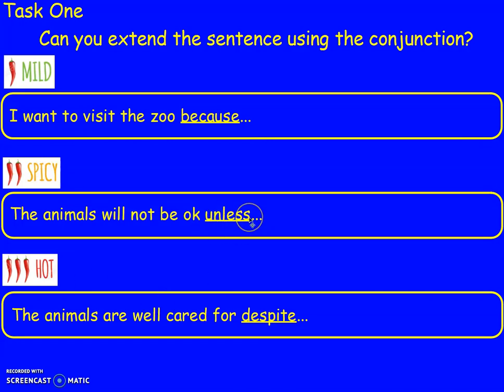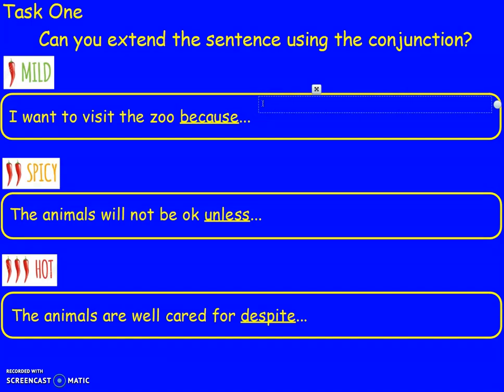So unless is the conjunction in this sentence. How could you finish this sentence? What clause could you add to the end? Hot says that "animals are well cared for despite." Okay, how do you think you could finish that sentence using the conjunction despite? So pause the video now and in your books have a go at finishing one of these sentences.